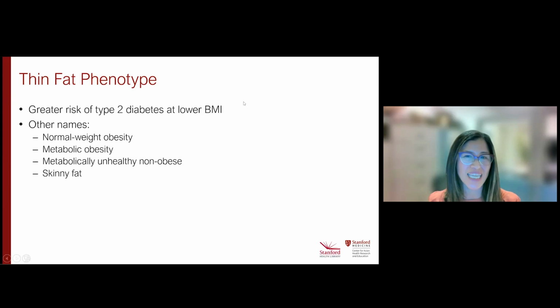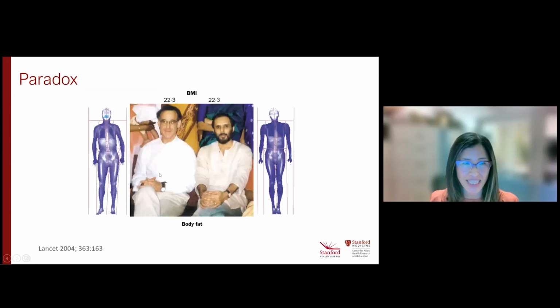And maybe it is a poor metric in Asian individuals, so that it suggested that the degree of fat is actually higher than predicted by the BMI. Other names for this phenomenon include normal weight obesity, metabolic obesity, metabolically unhealthy non-obese, and skinny fat.